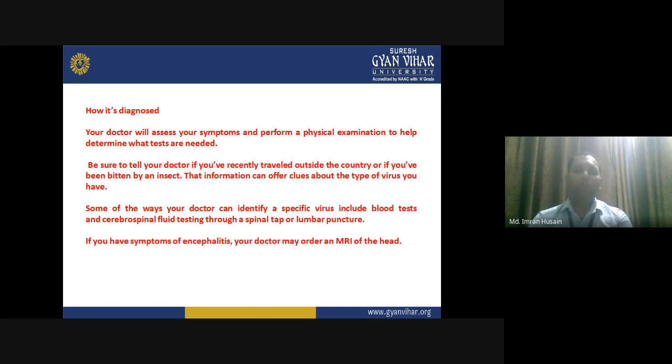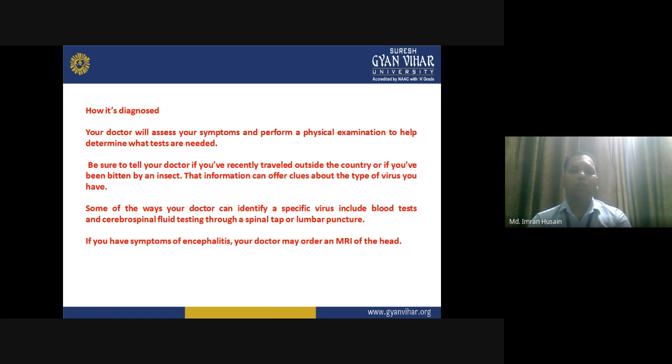How is it diagnosed? Your doctor will assess your symptoms and perform a physical examination to help determine what tests are needed. Be sure to tell your doctor if you recently traveled outside the country or if you have been bitten by an insect. That information can offer clues about the type of virus you have.